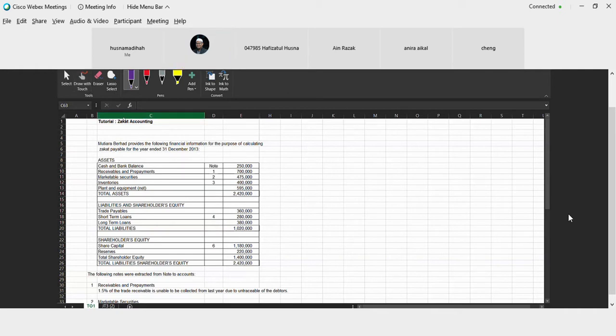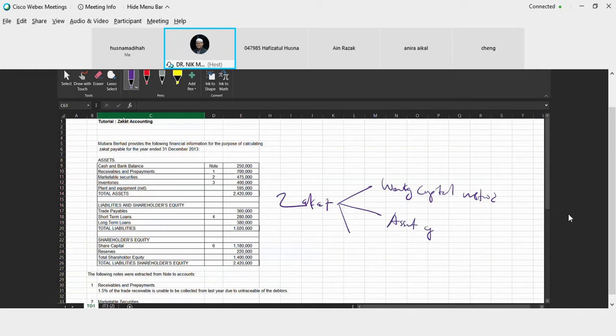Okay, talking about zakat. Zakat is commonly estimated by a few methods, which can be named as the working capital method, the asset growth method, and the profit method.